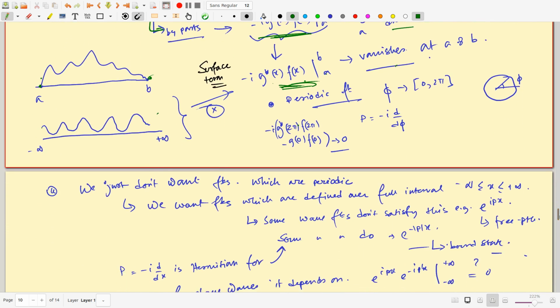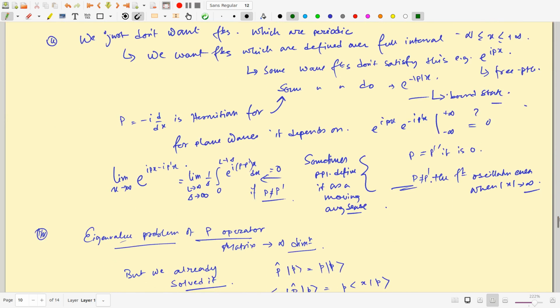But we don't always want to deal with this kind of periodic function. We want to deal with wave functions defined over the entire real number line, and then it turns out that the only kind of wave functions which would truly satisfy the Hermitian requirement are the ones which vanish at x equal to infinity and minus infinity.